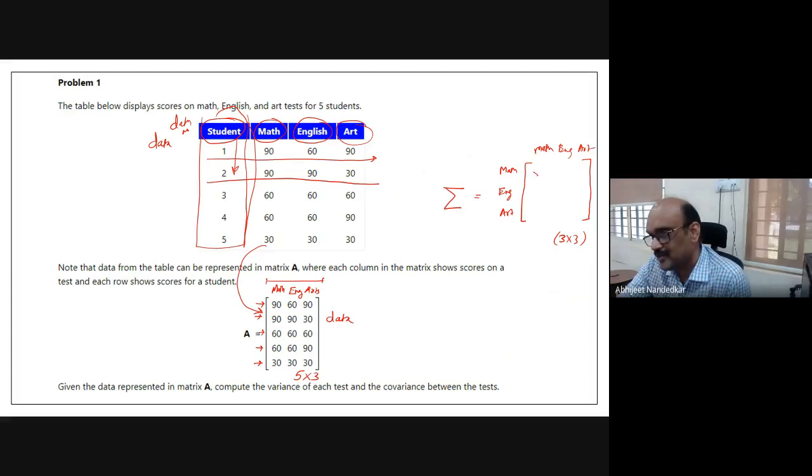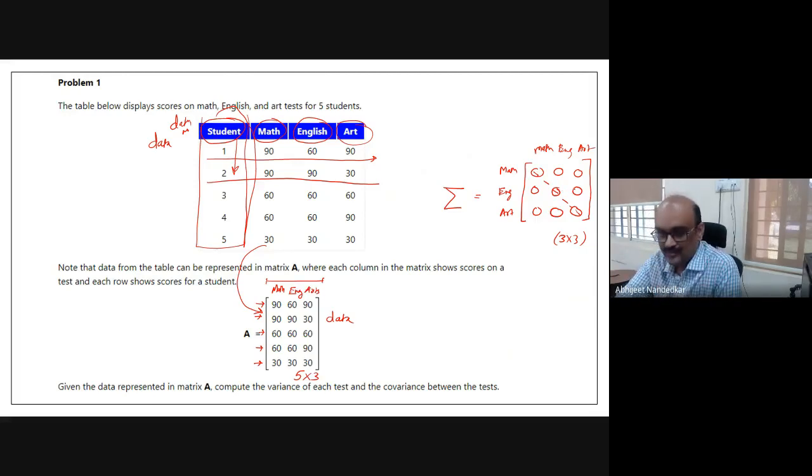So remember, all the diagonal elements here will be the variance of that variable itself. So sigma here will be the variance of maths, and the entries off the diagonal will be covariances. The entry here is the variance of English, the entry here is the variance of art, the entry here is the covariance of English and art. Like that we have to find out 9 values.